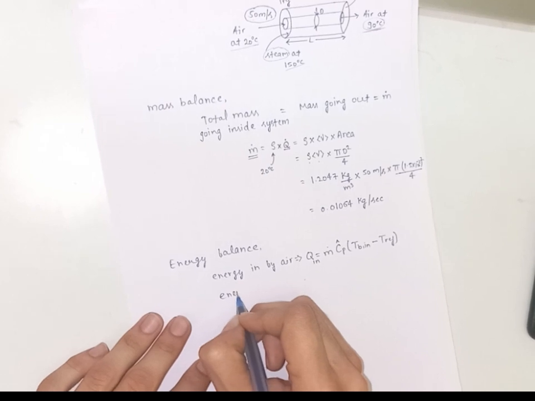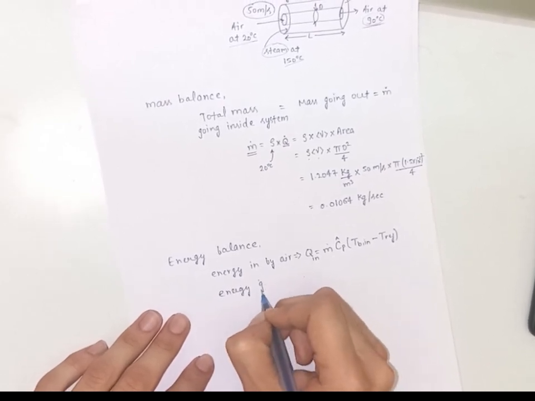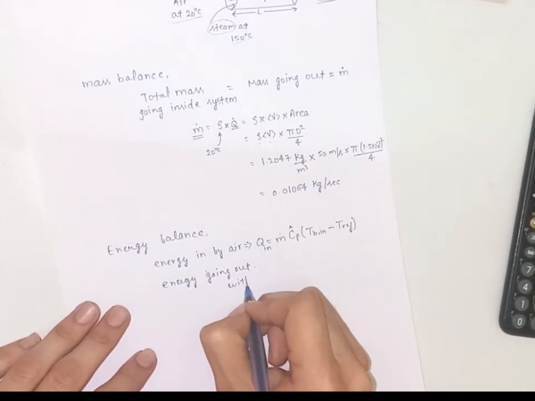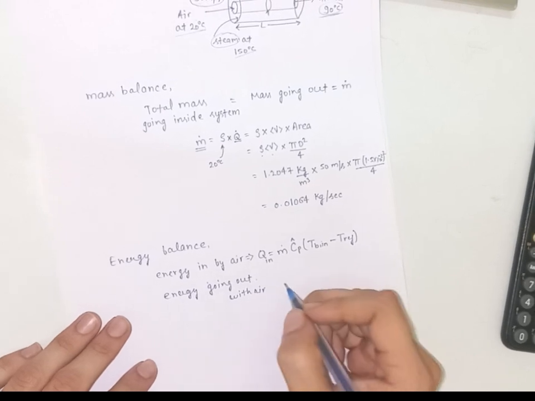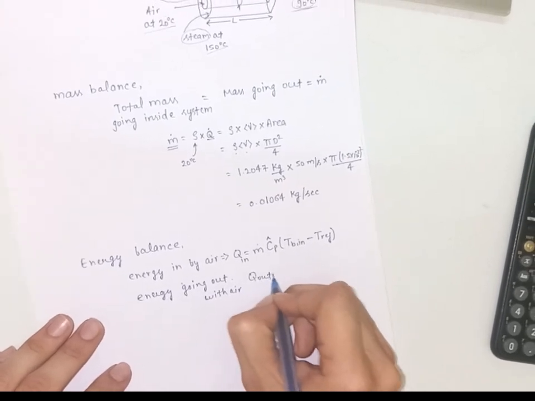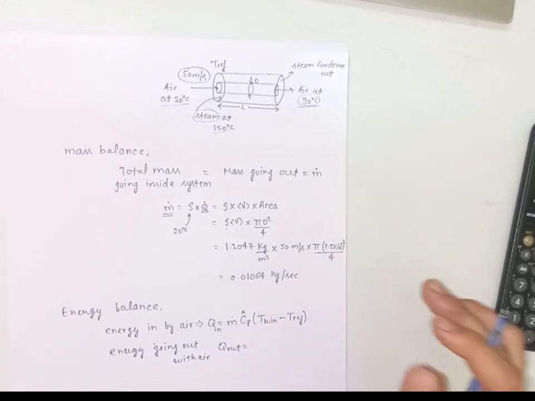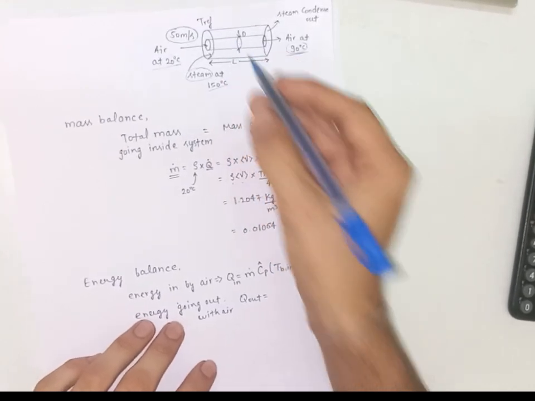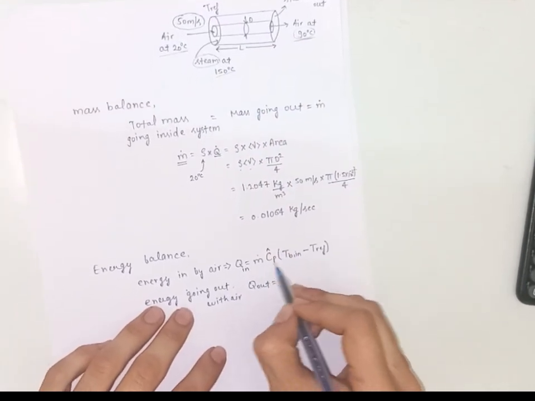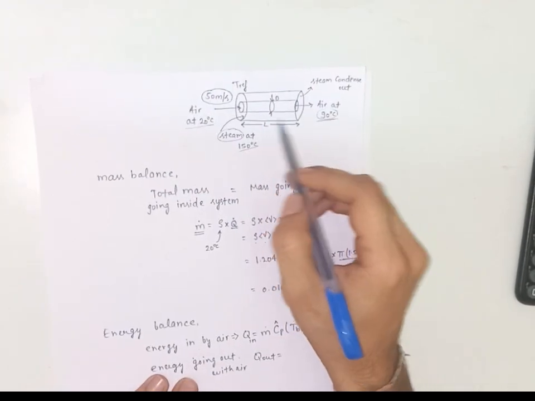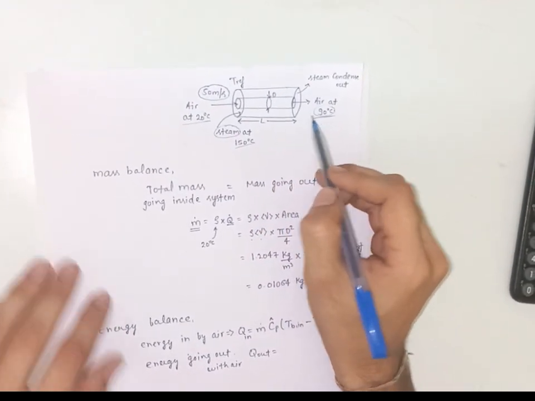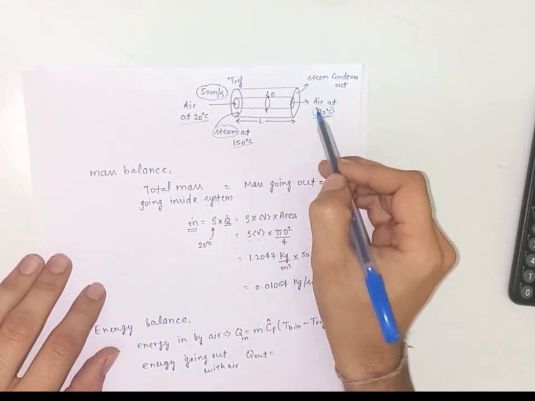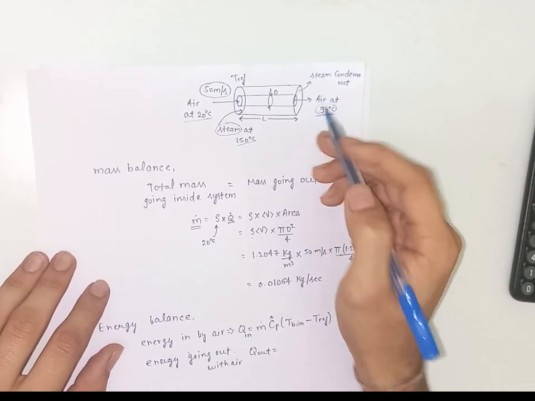Now the energy which is going out, we are going to represent by Q out. The thing we need to keep in mind is that when the air is entering the cylinder, the heat it contains is m Cp delta T. But when it is leaving the cylinder, the steam loses its energy and gives it to the air, and the steam condenses, and the overall energy of the air will rise.